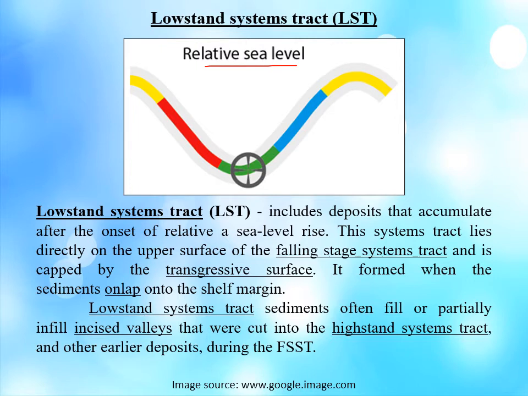So this red area indicates a rapid sea level fall, and after this rapid regression, when the rate of increase in base level and sediment supply is almost the same, this condition is known as lowstand system tract.